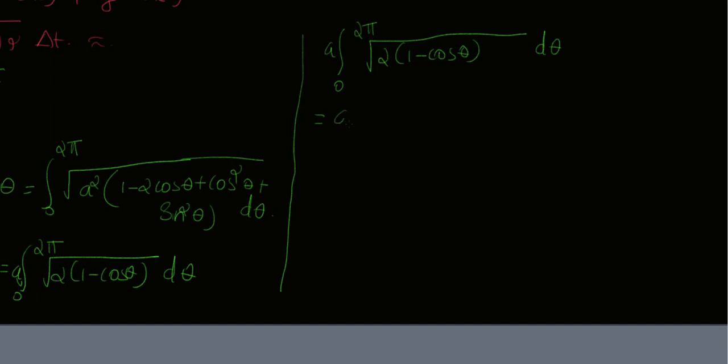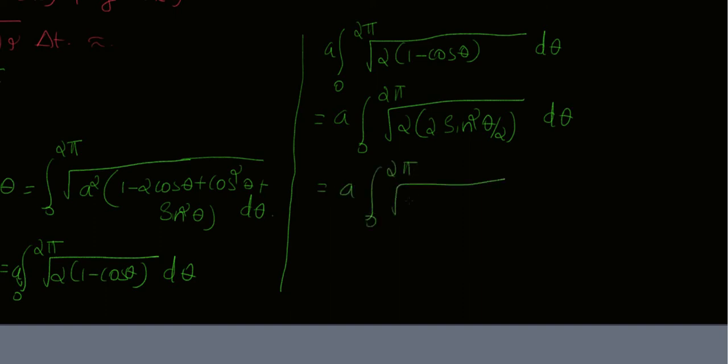This is equal to a into the integral 0 to 2 pi of the square root of 2 into 1 minus cos theta, which is actually 2 sin square theta by 2, into d theta, which is equal to a into the integral 0 to 2 pi of the square root of 4 sin square theta by 2 into d theta, which is equal to, taking 4 outside, 2a into the integral 0 to 2 pi of the square root of sin square theta by 2, that is sin theta by 2, into d theta.